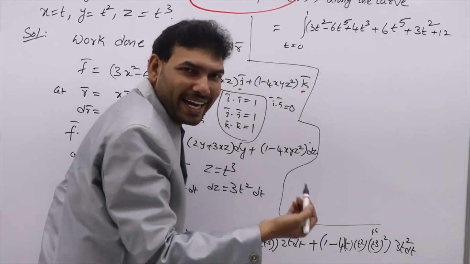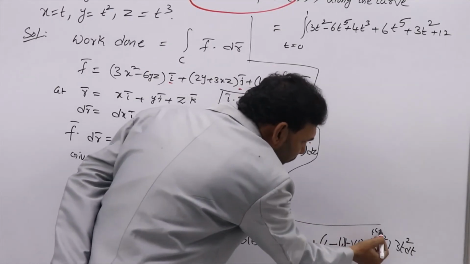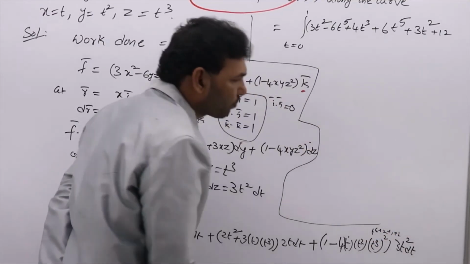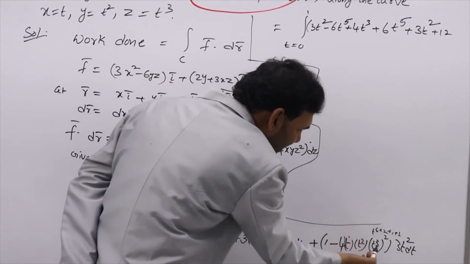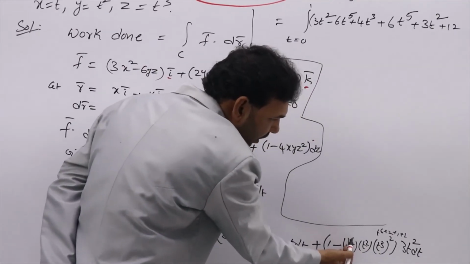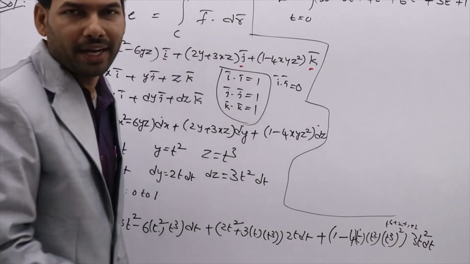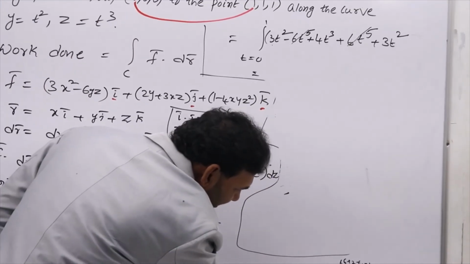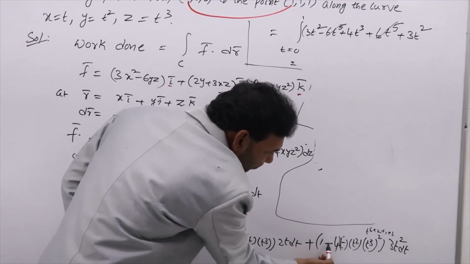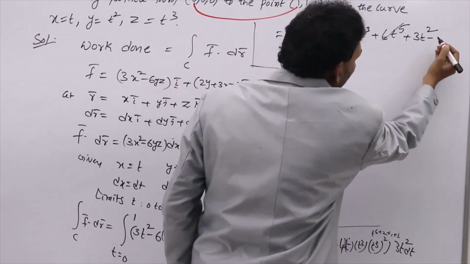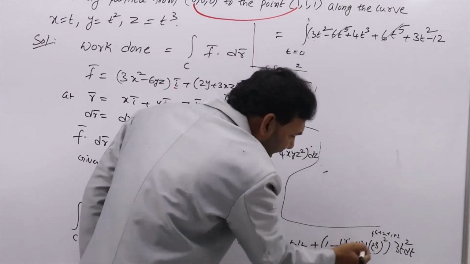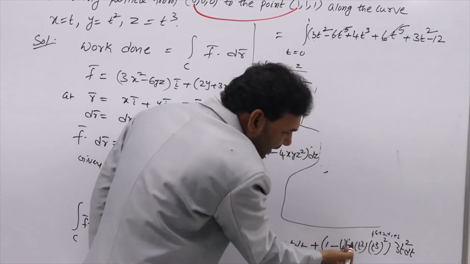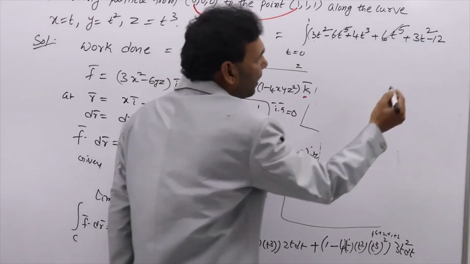Bases are equal, so we will add exponents: 2 plus 2, here power plus 1, here power plus 2. So 6, 2, 8, 9 plus 2, 11. Now multiplying this term with this, 3 4s are 12, plus into minus, minus 12. Adding all the powers, 2 3s are 6, 8, 9 plus 2, 11.